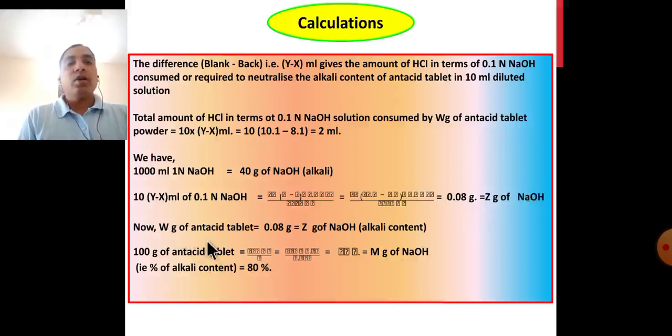Now W gram of antacid tablet is equal to 0.08 gram, Z gram of NaOH alkali content. 100 gram of antacid tablet is equal to 100 into Z divided by 0.100, which is 100 into 0.08 divided by 0.100, equal to 80 gram of NaOH.